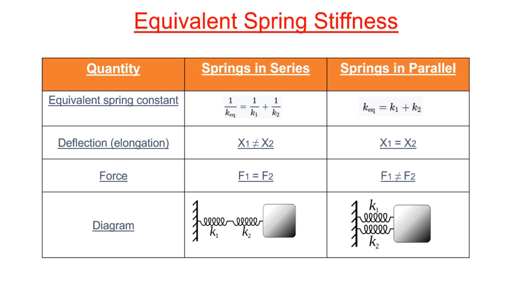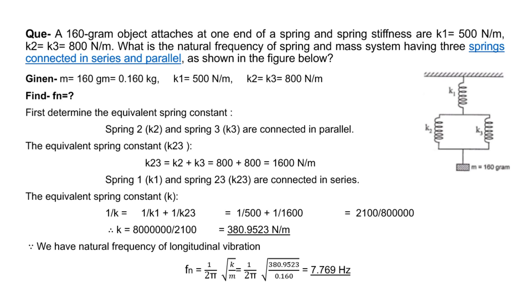Remember through this table. Now we will solve some problems based on springs in series and parallel, how to find out equivalent spring stiffness and the natural frequency of the system. Now see the first problem.